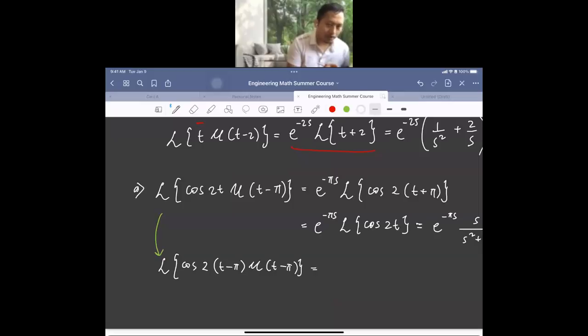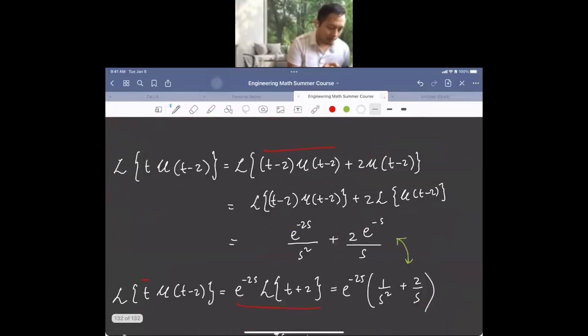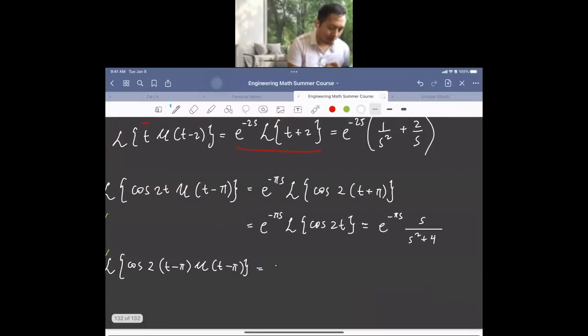Of course, from here we can directly write it, the same thing as this: e with negative pi s, and then cosine of 2t minus pi.